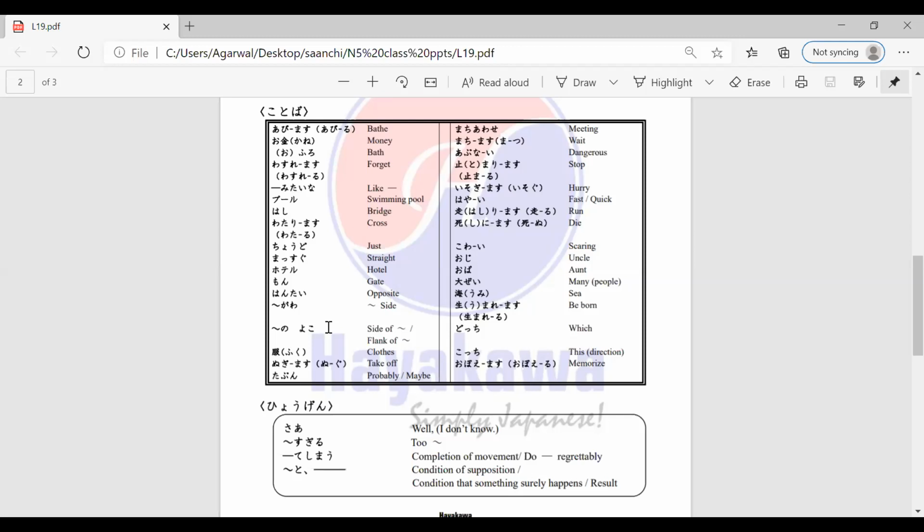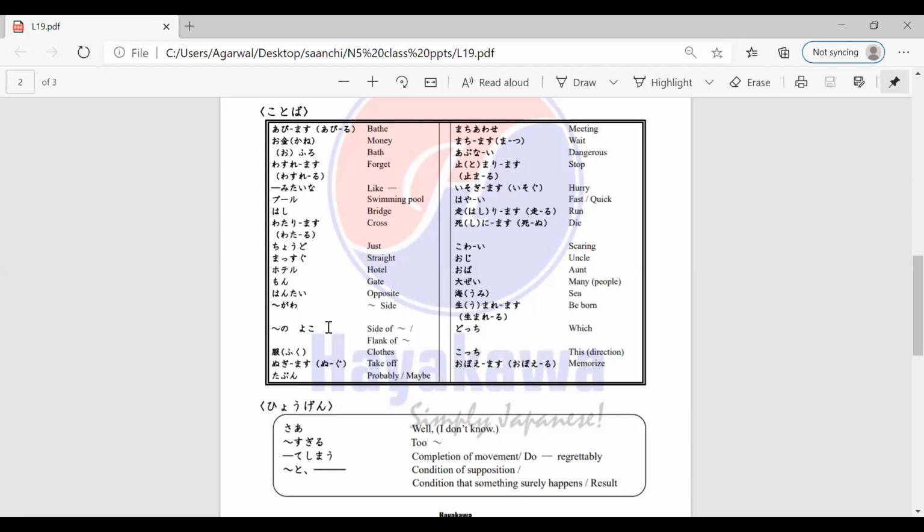The next word is shinimasu or shinu, which means to die. The next word is kowai, which means scary, right? When you're scared, that's the adjective for it.